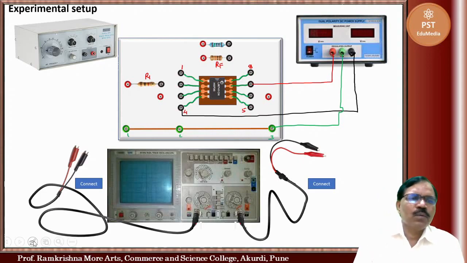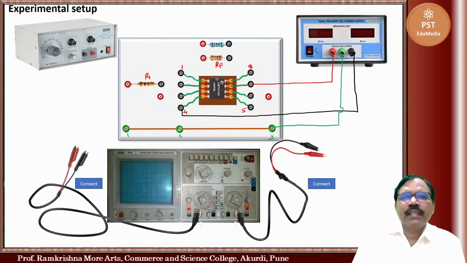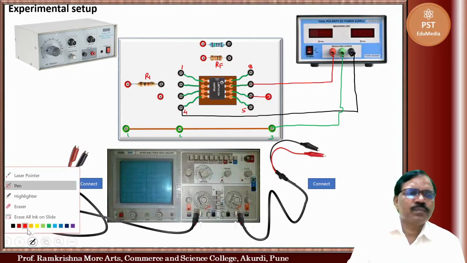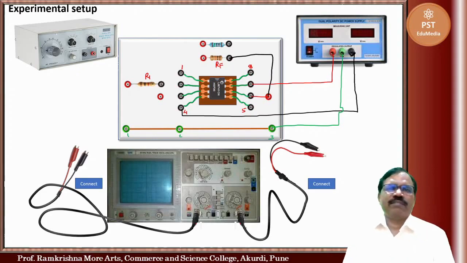Now we have to connect the feedback circuit. First we will connect the number 6 terminal here, and from this we will take a wire and connect it to one terminal of RF.